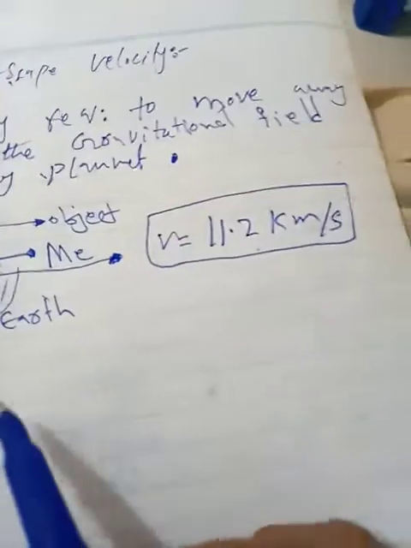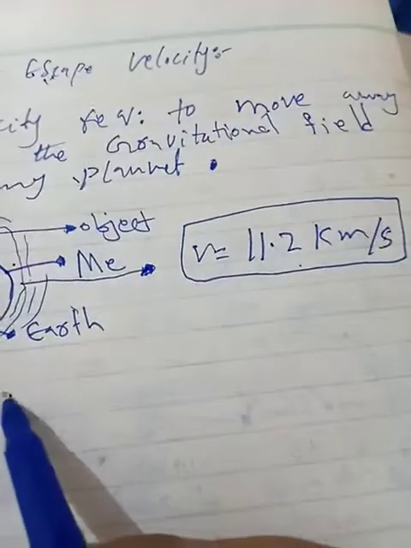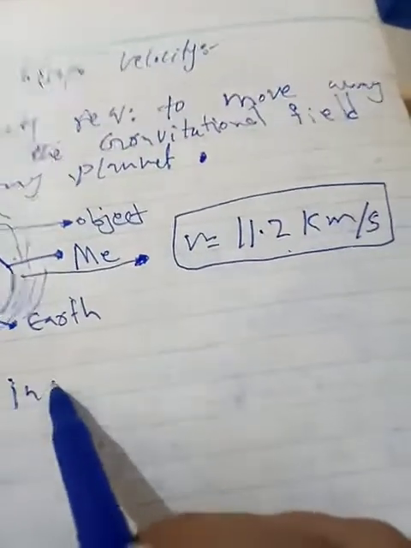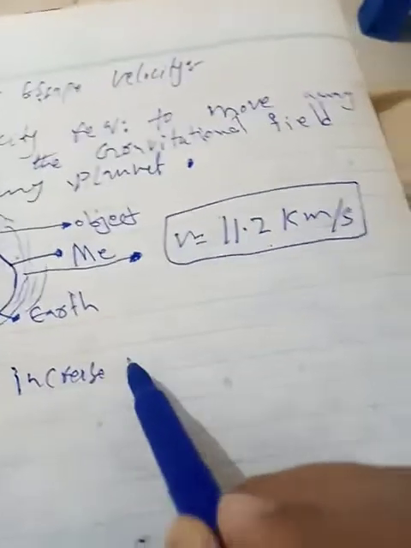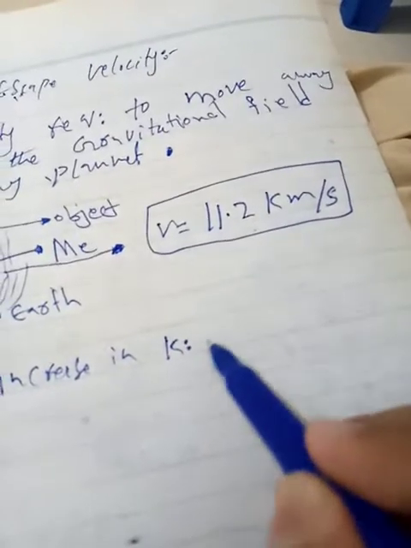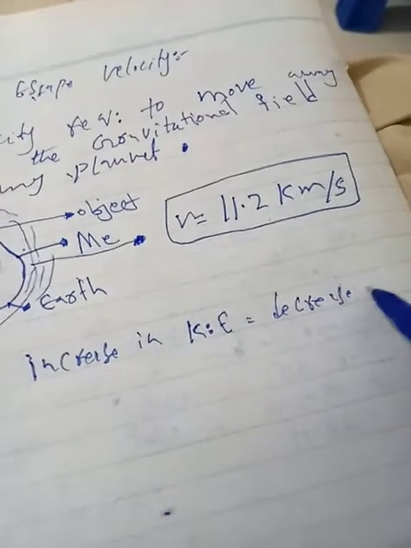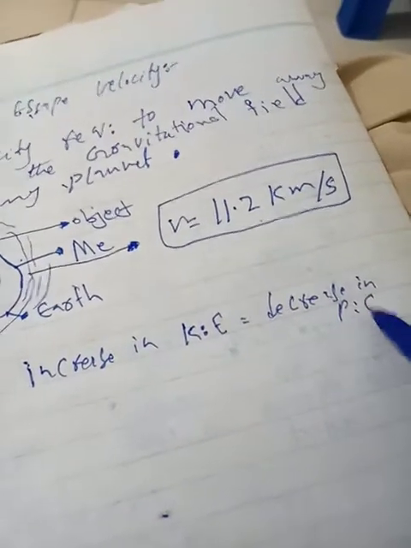Now we are going to derive the formula of escape velocity. As you know, in the conservation of energy, we have the rule: increase in kinetic energy equals decrease in potential energy.